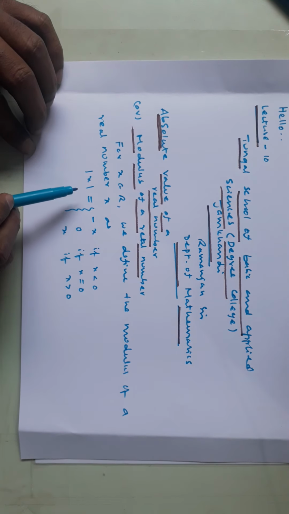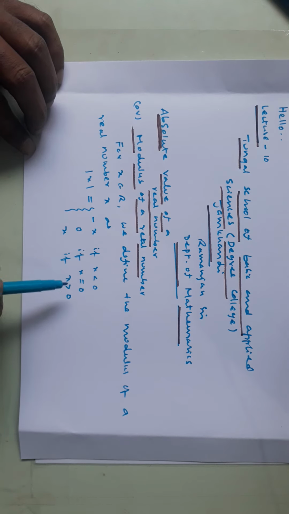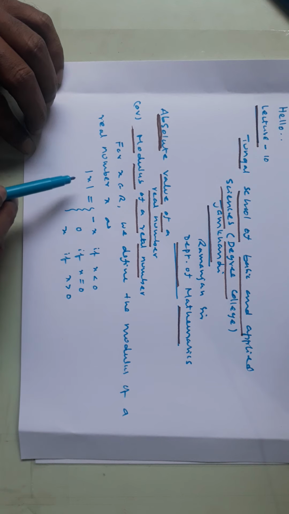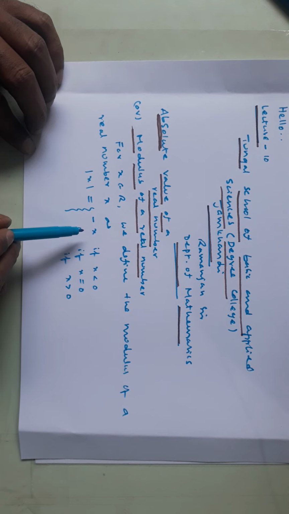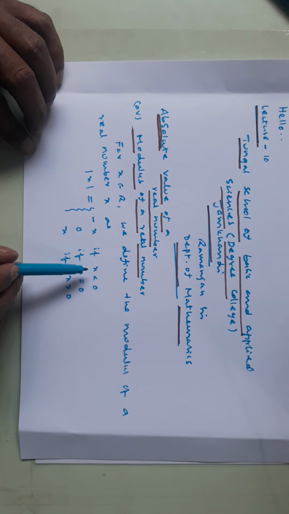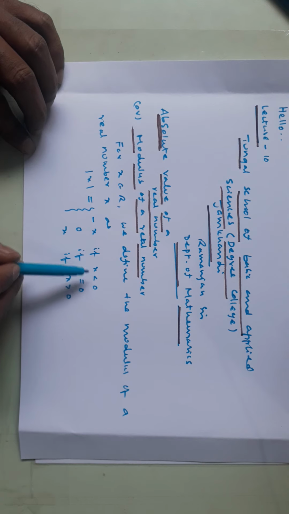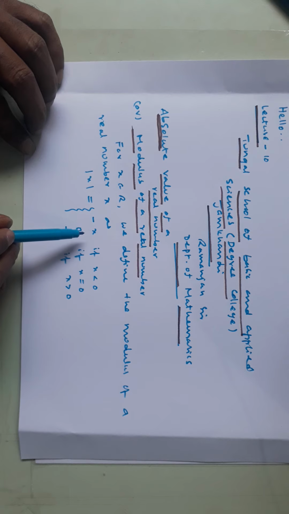Generally, we take mod x as always the positive value for all x belongs to R. Here mod x is equal to minus x if x is less than 0. X less than 0 means x has a negative value. Suppose x is equal to minus 2. If I put x is equal to minus 2 here, minus of minus 2 is the positive value.